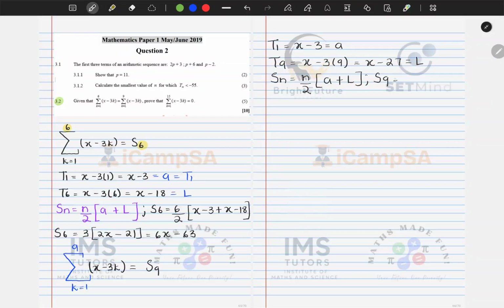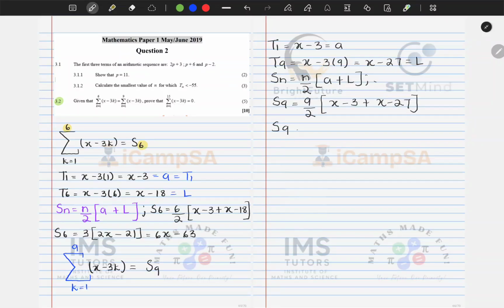So our sum of 9 terms will just be 9 over 2 into, maybe let me put it down. So our S of 9 terms will be 9 over 2 into the first term, x minus 3, the last term, x minus 27.